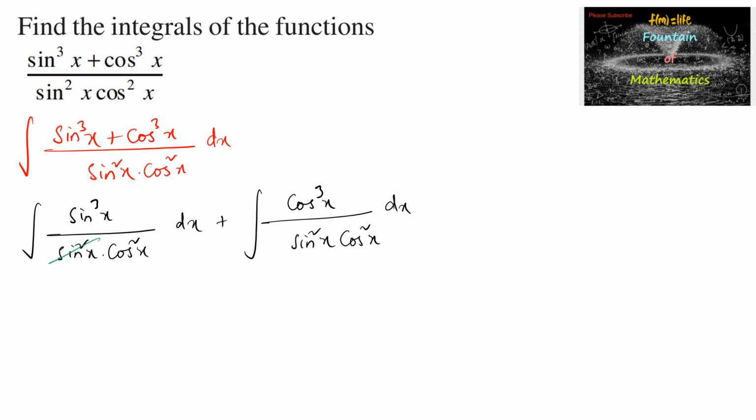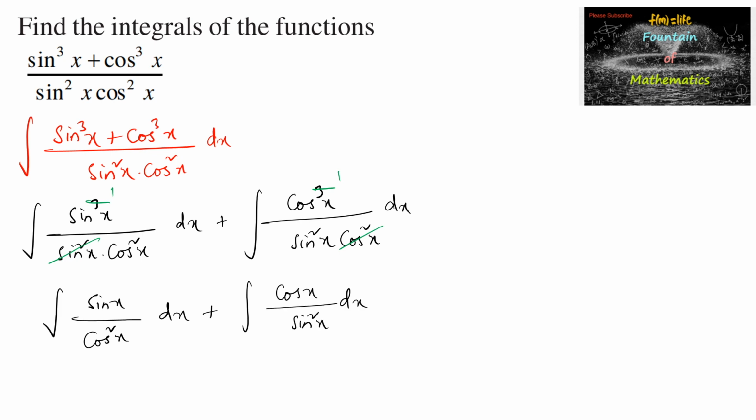So here sin^2 and sin^3, one sin will remain, and here cos^2 and cos^3, one cos will remain. So we can write here the integral of sin x upon cos^2 x dx, and here cos x upon sin^2 x dx, which we can write as tan x into secant x dx, and here cot x into 1 upon sin, that is cosecant x dx.